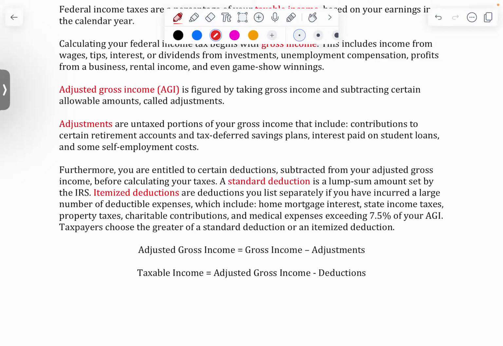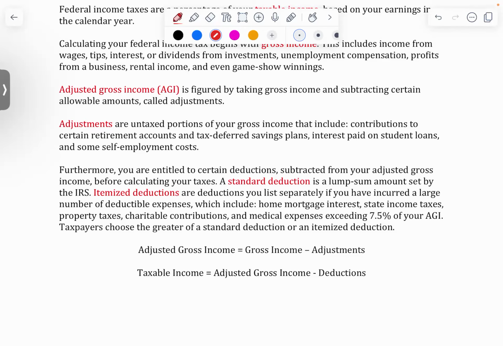Deductions are two ways. The standard deduction, which is a lump sum set amount, or you have to itemize it. And it's whichever of these is the greater. If you itemize, this is much more complicated, but it includes mortgage interest, state income taxes, property taxes, contributions, medical expenses exceeding a certain percentage.